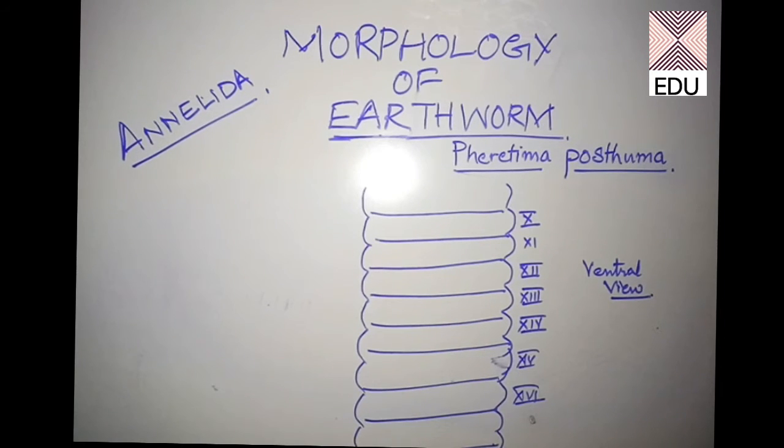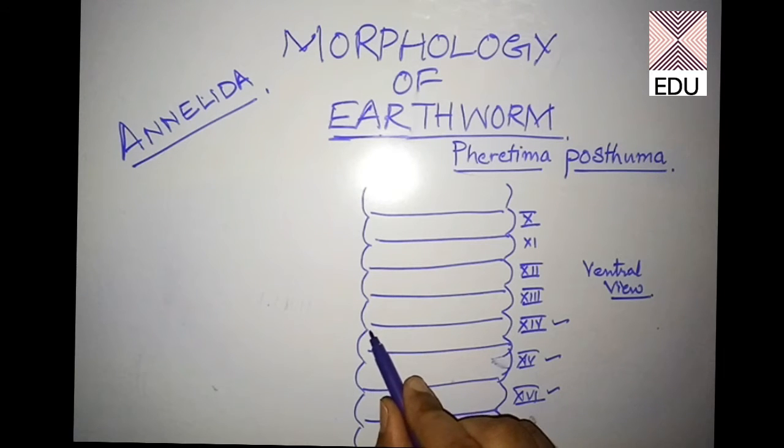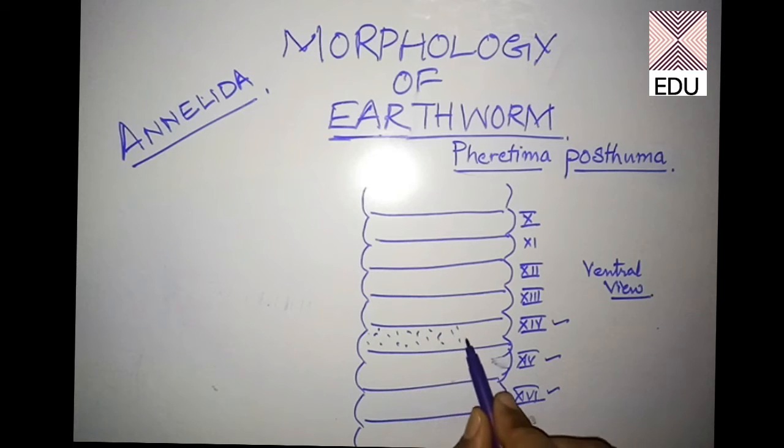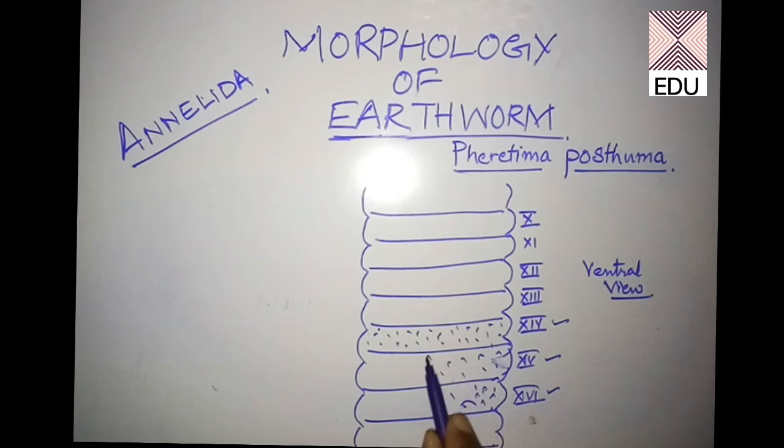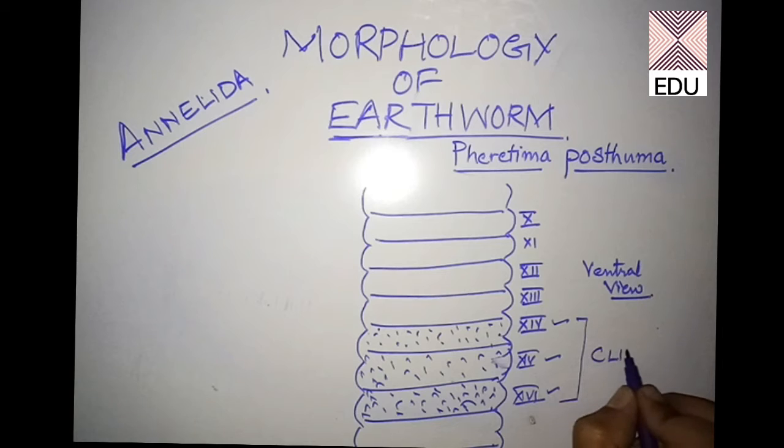In the earthworm there is a very peculiar feature: segments number 14, 15 and 16 are darker brown in color. We are demarcating it with dots. These three segments are darker than the other segments, and collectively this part is called the clitellum.